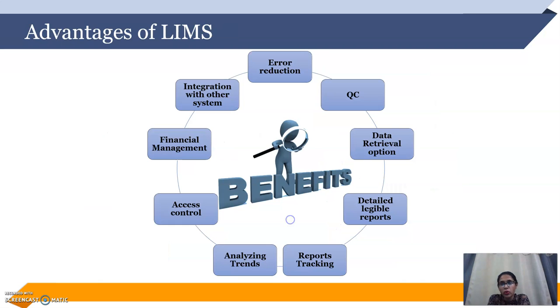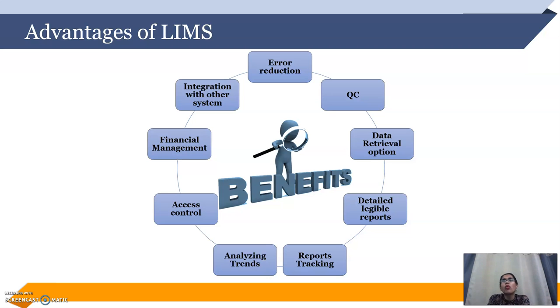I will move to the next slide now, which is the advantages of a laboratory information management system. So here you can see the advantages. First of all, it leads to error reduction, because whenever we are doing something in a manual form, there is a huge probability of human error or manual error.